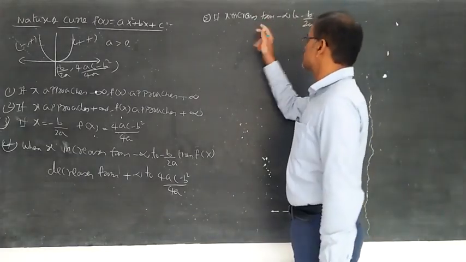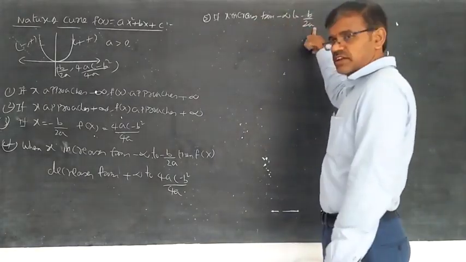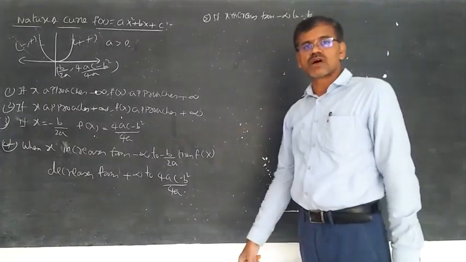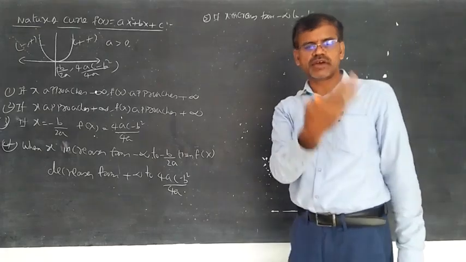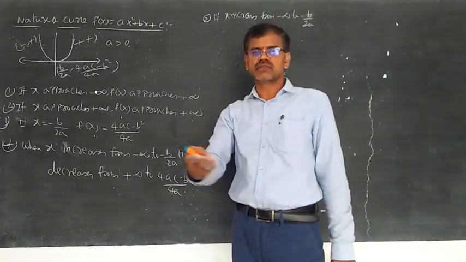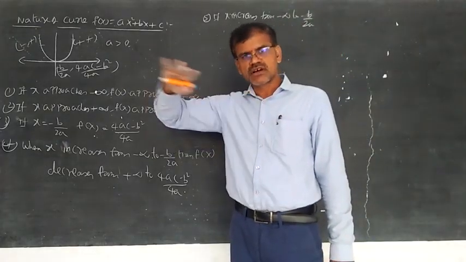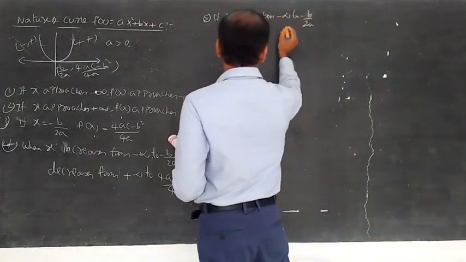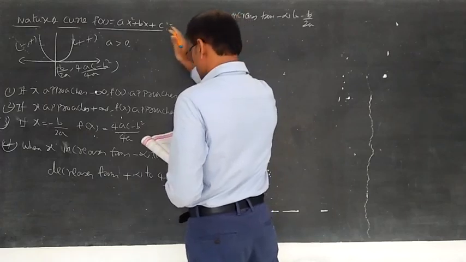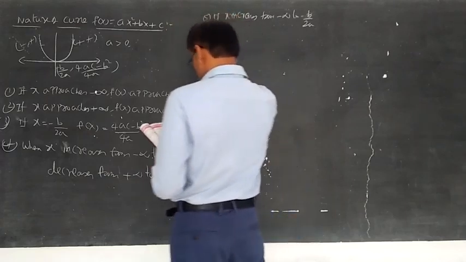For example, you can understand this is minus 10 and this is minus 2. Minus 10 is so much smaller than minus 2. So whenever minus 10, next step minus 2, it is going to be minus 9, minus 8, minus 7, like that. So it is called the increasing way. If x increases from minus infinity to minus b by 2a, so plus side I want to discuss with you.